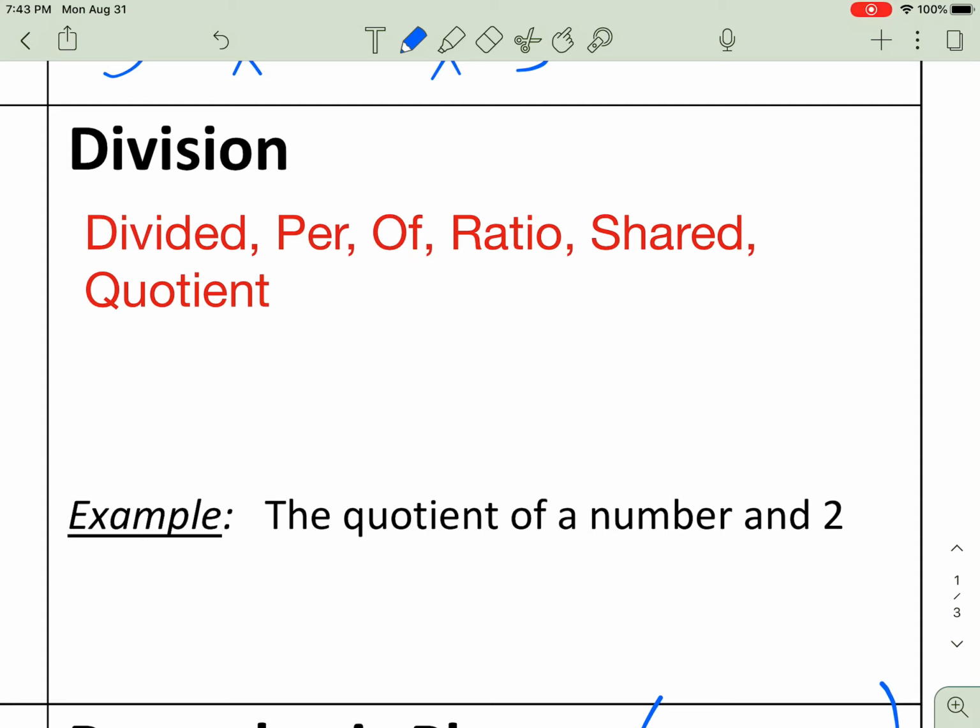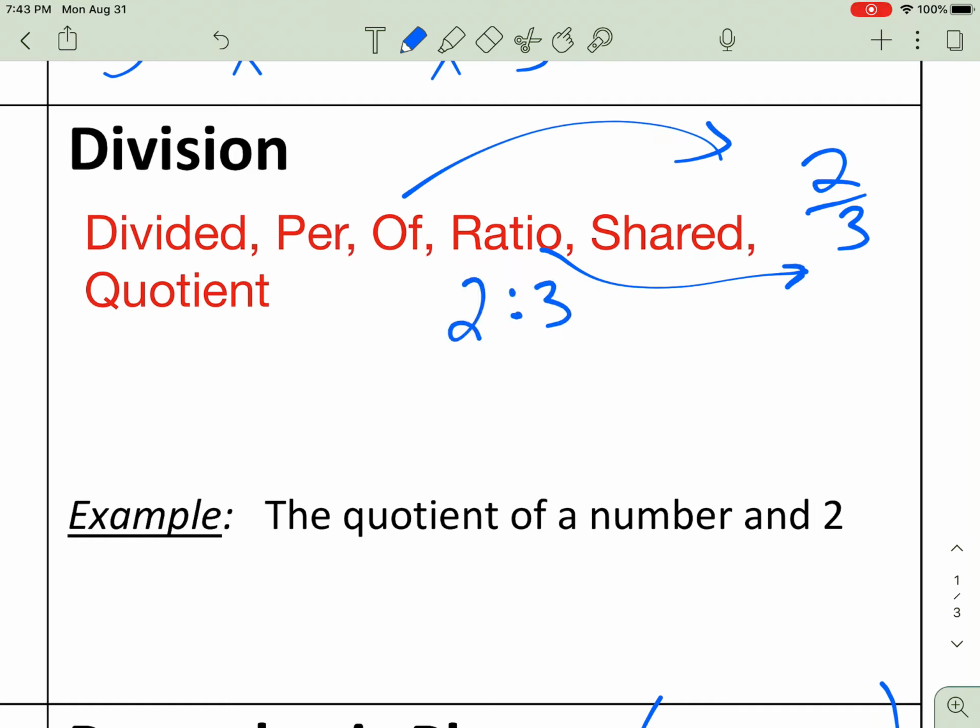If I shot free throws and I went 2 of 3, that tells you it is 2 of 3 in terms of free throws. That's how you use the word of. Ratio, which is also another way to write a fraction. Shared, and also the biggest one is quotient.